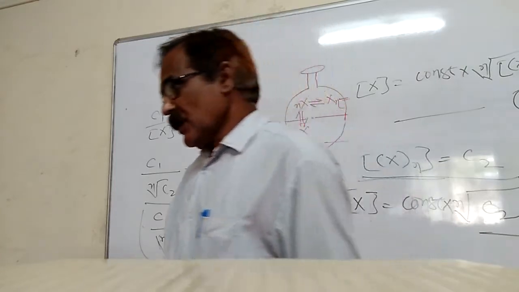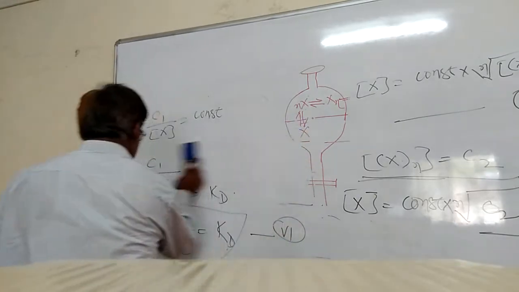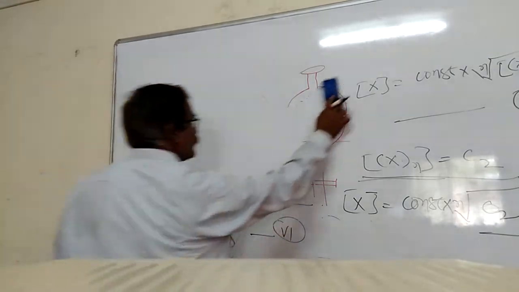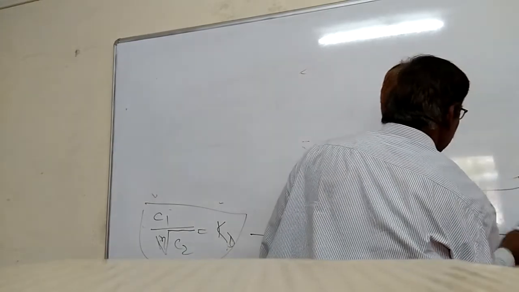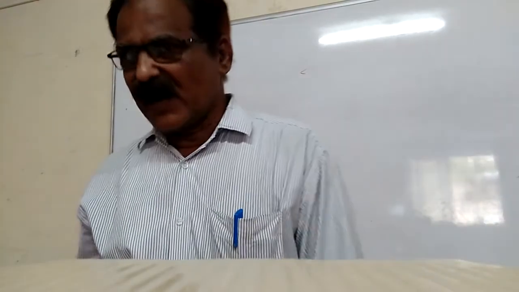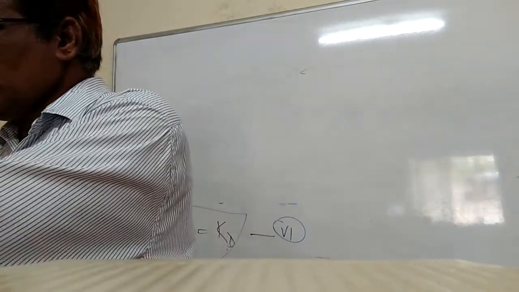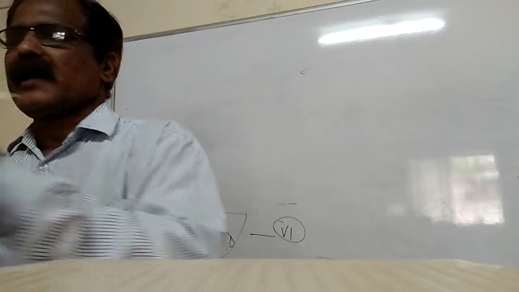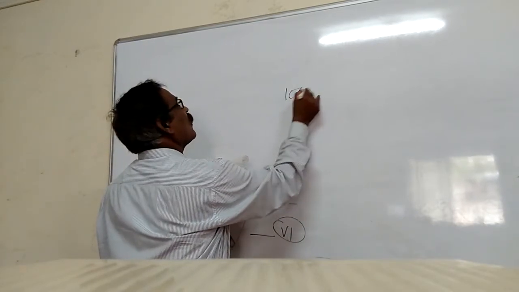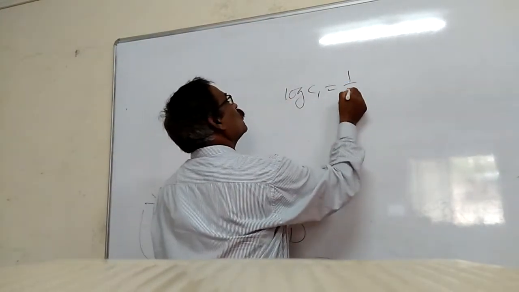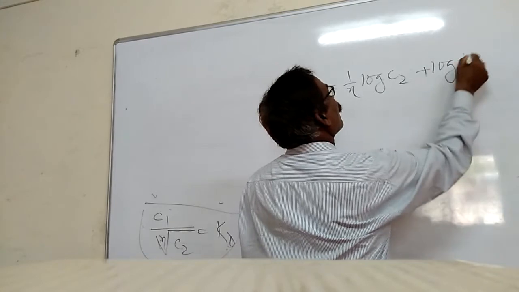This expression can be further modified and written in the form of logarithm. The logarithmic form of the modified distribution law in this particular case is log C1 is equal to 1 upon n into log C2 plus log KD.